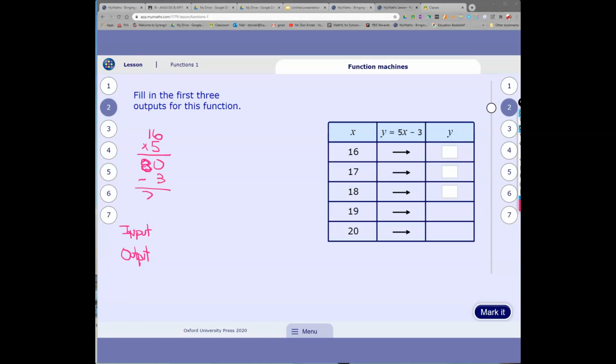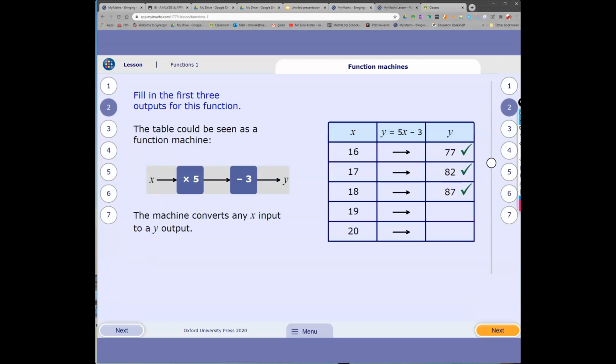That gives us 77. All right, 17 times 5, 18 times 5, minus 3. Okay. Now you can see a pattern here and how that pattern relates to this rule. If you look at the difference between these numbers, they are 5.